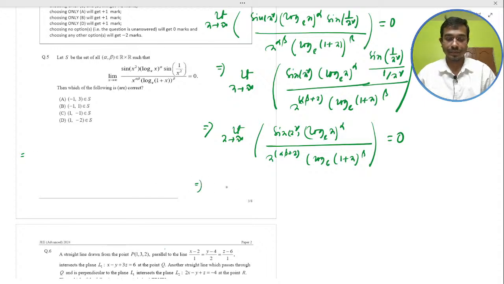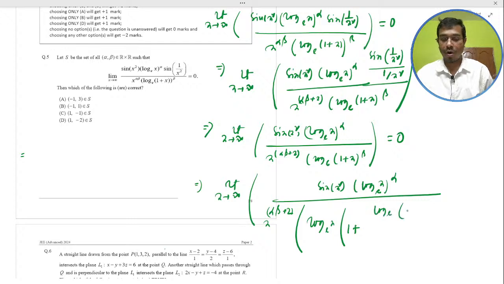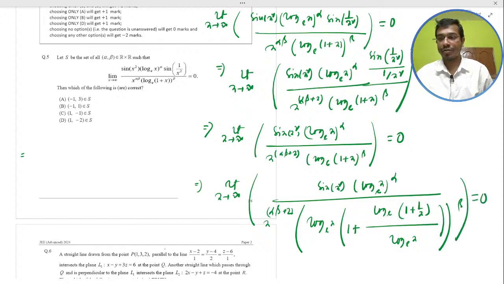Or limit x tends to infinity, this is the sin x square, simple mathematical calculation, log e x to the power alpha, x to the power alpha beta plus 2 common, within bracket log e x plus log e 1 plus 1 by x divided by log e x to the power beta. This is equal to 0.